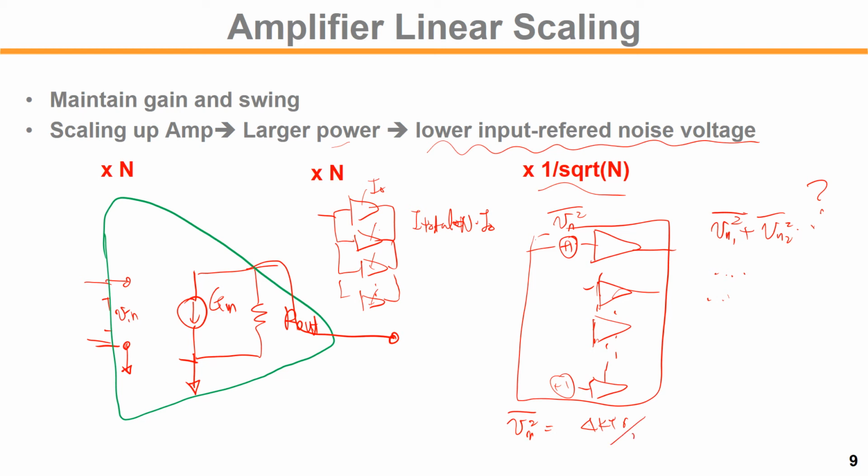For example, if the amplifier is well designed, it will be like this. If you scale up, the overall total Gm will be n times larger, right? So the equivalent noise power will be n times smaller.